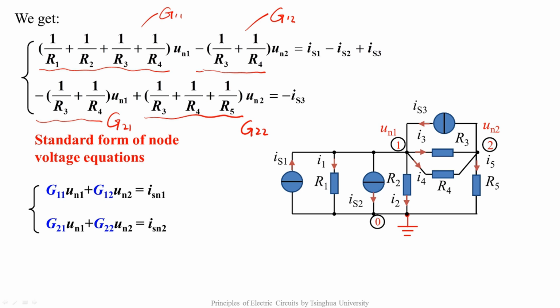First, look at G11. G11 equals 1 over R1 plus 1 over R2 plus 1 over R3 plus 1 over R4. We can see R1, R2, R3, and R4 are all connected to node 1. So the coefficient G11 is actually the sum of all the conductances connected to node 1.